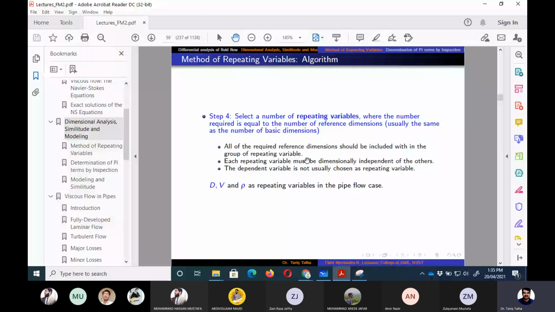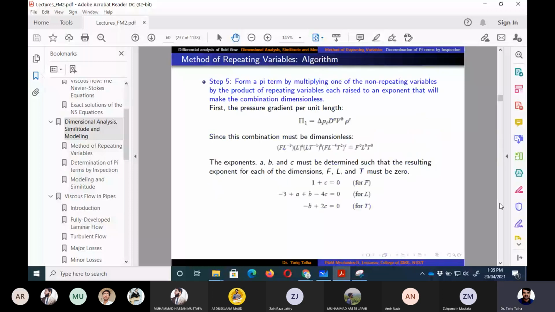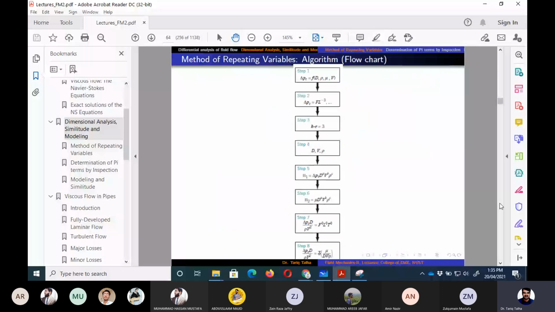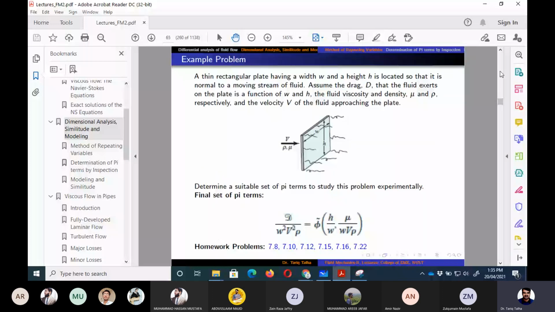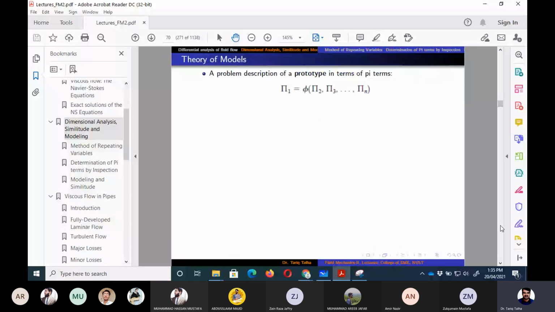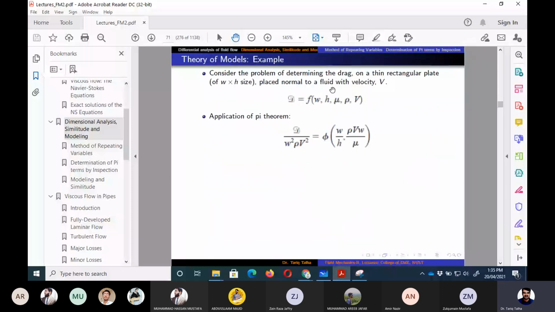For example, in this problem, where we were studying the drag force on a rectangular plate, it's up to us: if we take W and H as repeating variables, we all know that W and H have the same unit, so they are not dimensionally independent. And in the third, we take velocity.